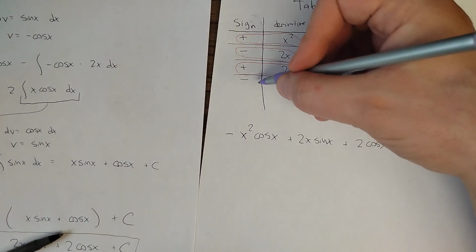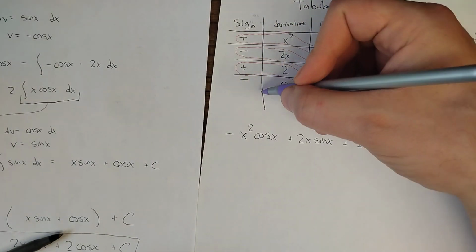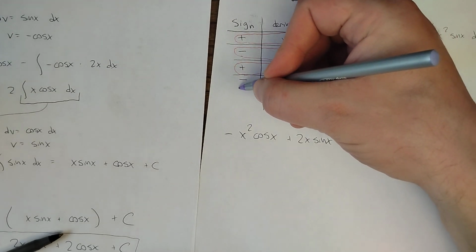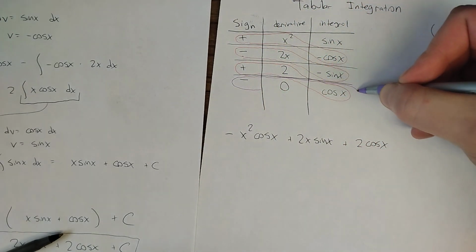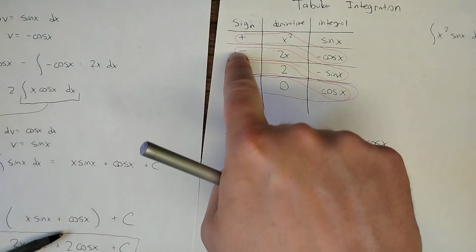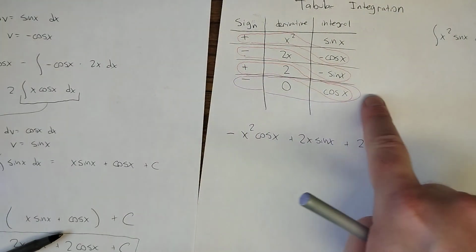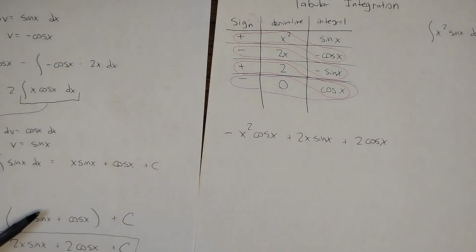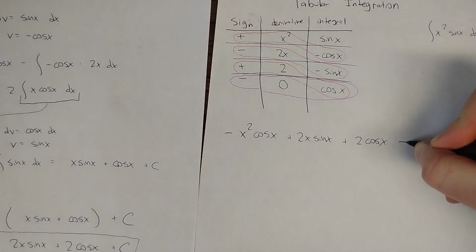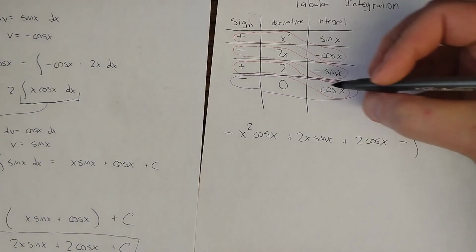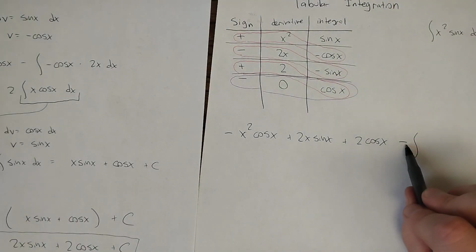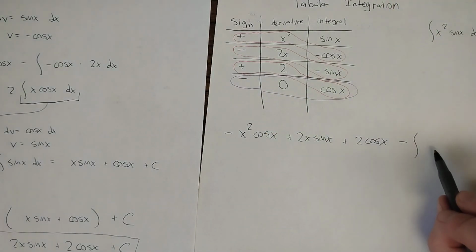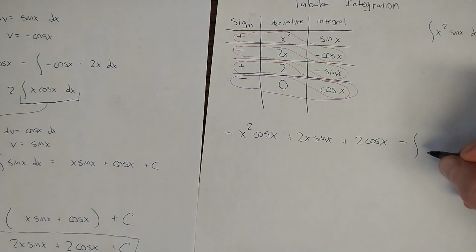What you do is, for the last row, wherever you decide to stop, you just go all the way across. So it's not a cross and then down like this. It's just all the way across. And so I would go minus the integral of this times this. So the minus comes from this, and then it's always the integral of this times this.